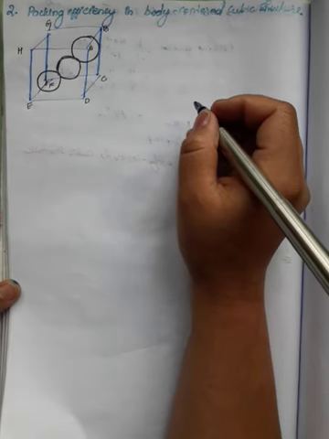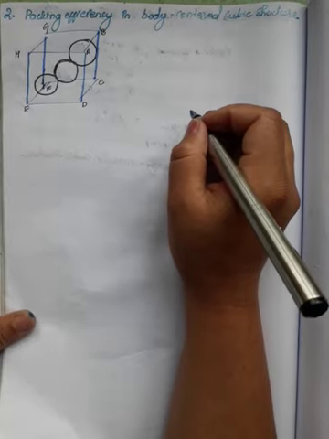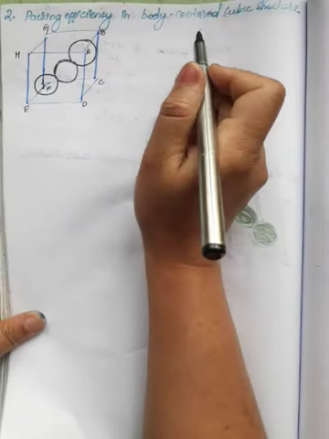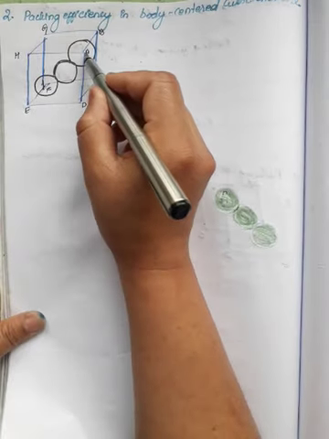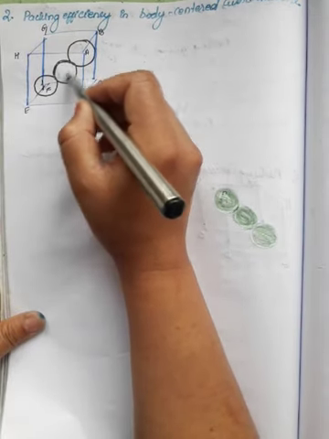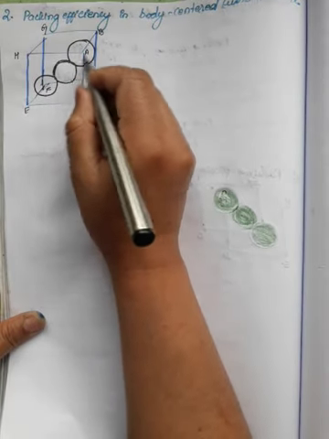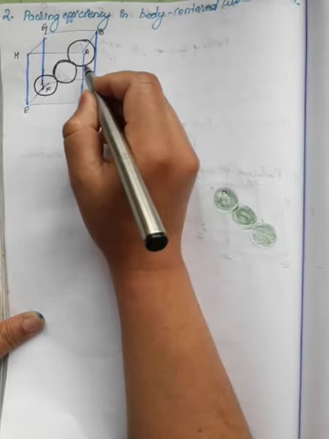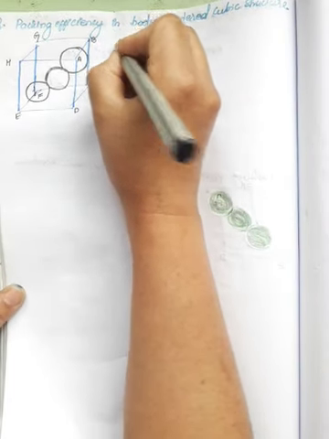Now let us try to calculate the packing efficiency in the body-centered cubic structure. Okay, now what is a body-centered cubic unit cell? There will be atoms at the corners and at the body center. Now, let us take this structure into consideration for simplicity. Again, we'll start by considering the edge length.